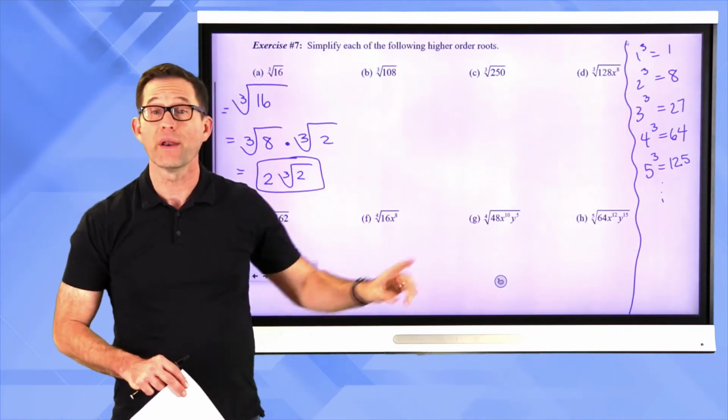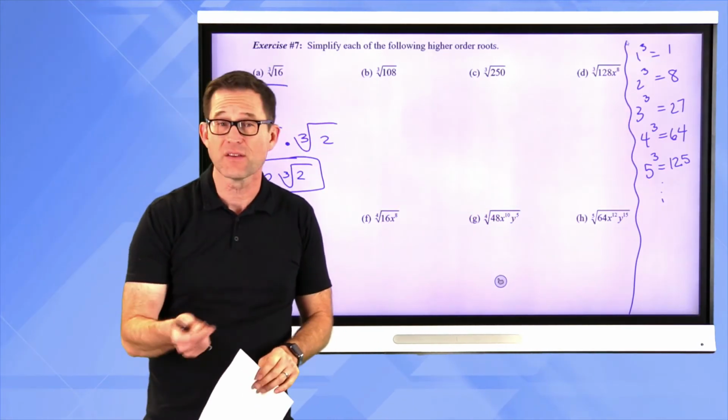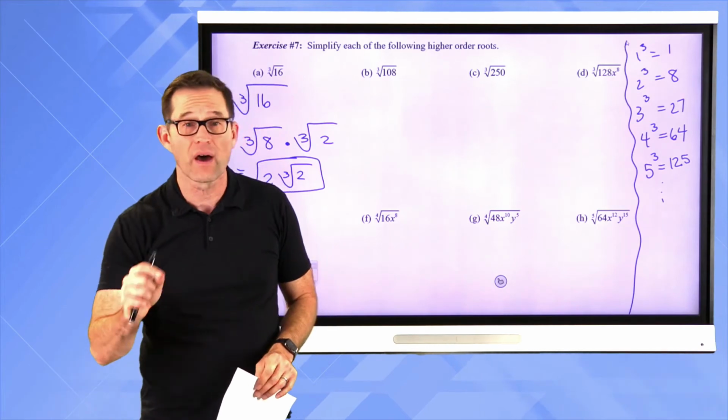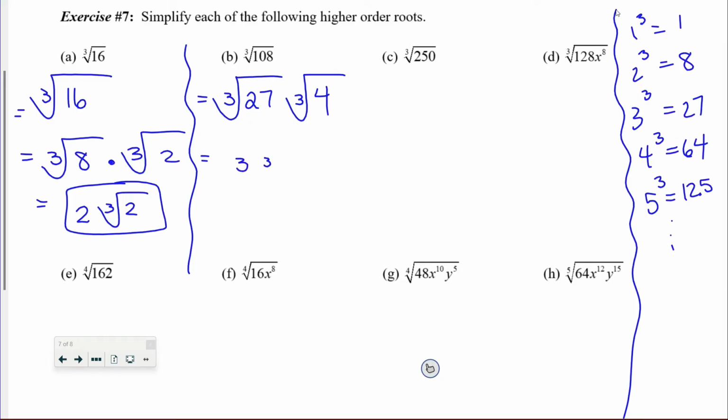You just sit there on your calculator, what's 108 divided by, etc. So I'm going to write this down as the cubed root of 27 times the cubed root of 4. 4 times 27 is 108. The cubed root of 27 is 3, and the cubed root of 4, I simply have to leave as is.